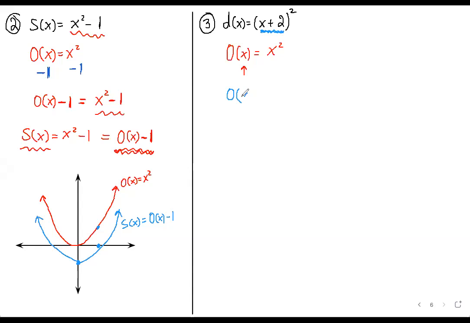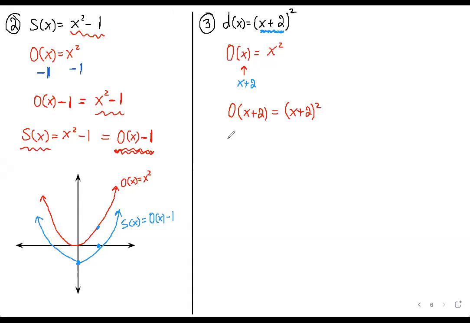So O of x plus 2 gives me x plus 2 squared.